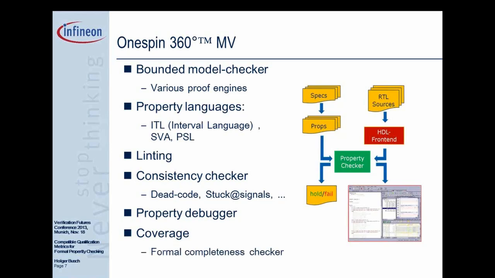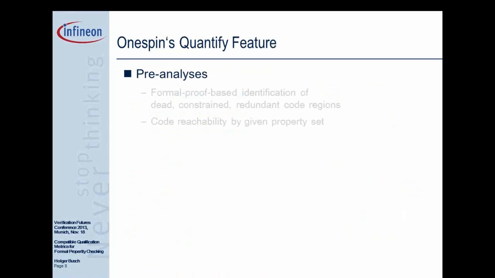I talked about this earlier, which only Onespin has, as far as I know. And then there's a more recent feature, Quantify, which provides line and branch coverage, which is much closer to what people want to see who are not so deeply in the details of the formal technology, but just want to get some data which looks similar to the simulation coverage data.